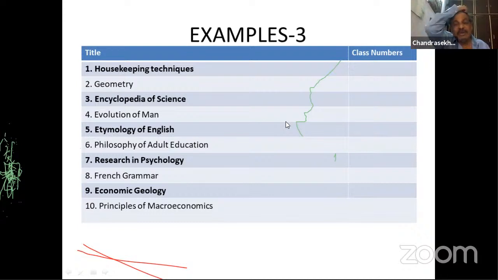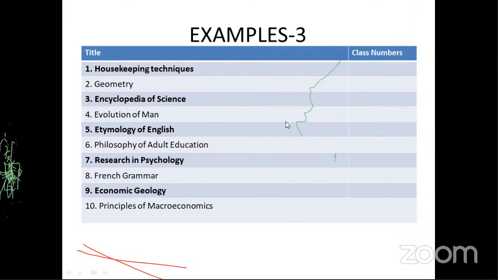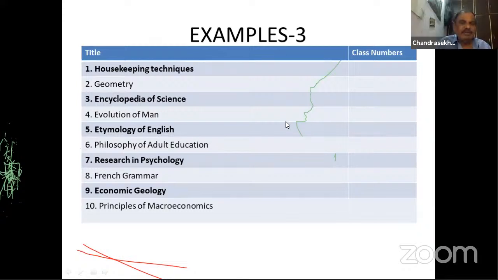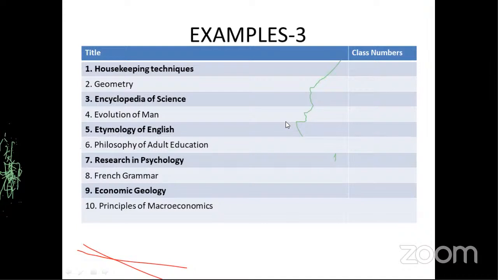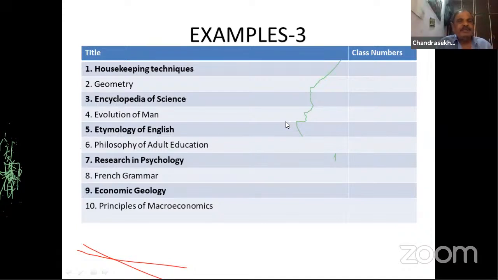So I told a dictionary of macroeconomics. What is the number for dictionary? 03. So what is the number for dictionary of macroeconomics? 339.03. Okay, so mostly we have completed this.